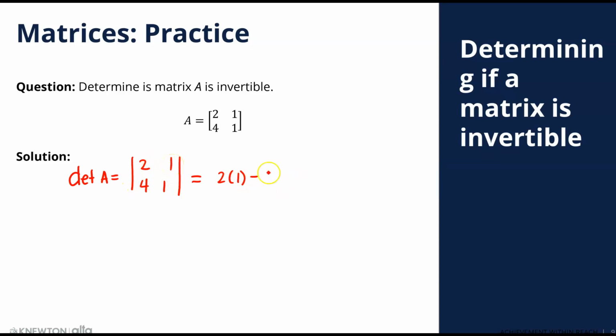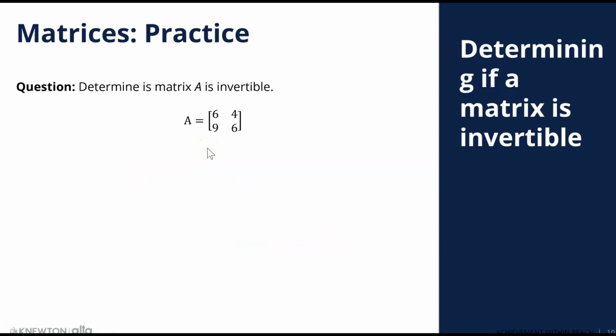So that gives us 2 minus 4, which is equal to negative 2. Now, this is not equal to 0. So therefore, the matrix here is invertible.